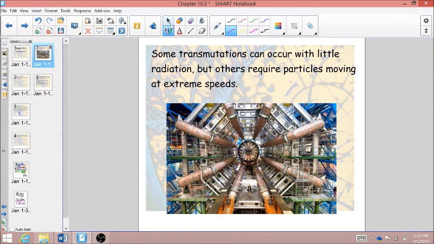And you can see this is massive. This is one part of the accelerator, and this is a person right here. So this is a giant undertaking, and there are thousands and thousands of scientists who work on this, creating new elements as well as discovering smaller and smaller pieces of basically what make up our universe.